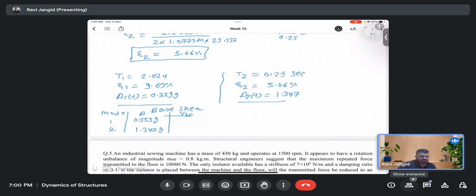So that comes out to be 1.015 Γ in mode 1 and minus 0.015 Γ in mode 2.